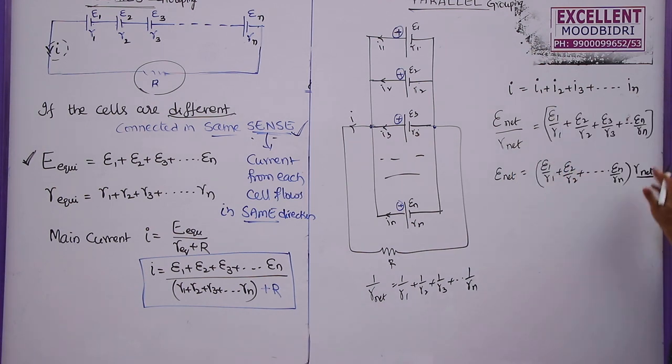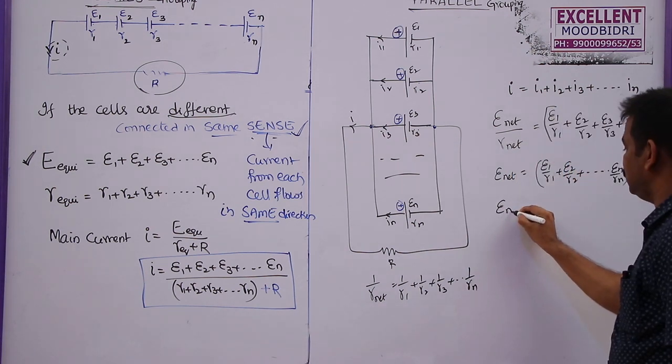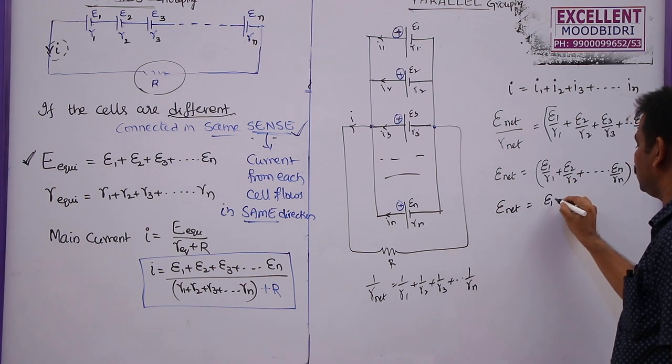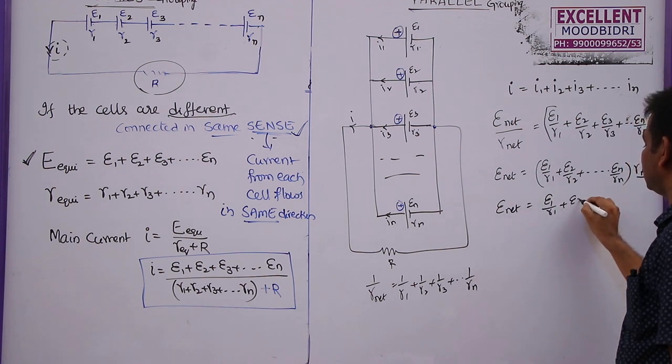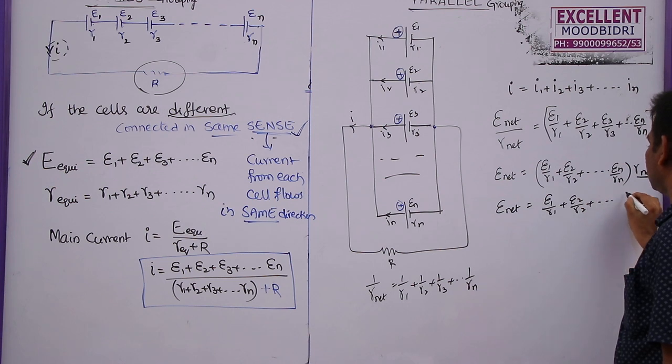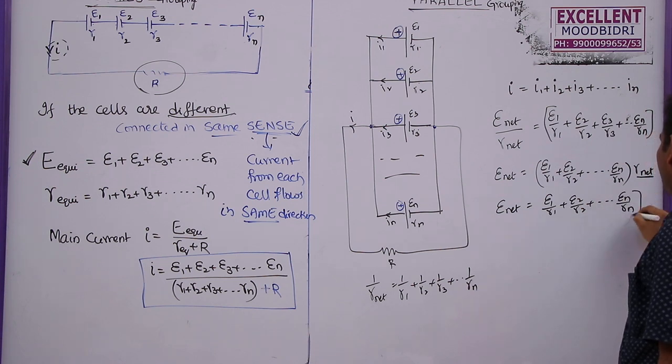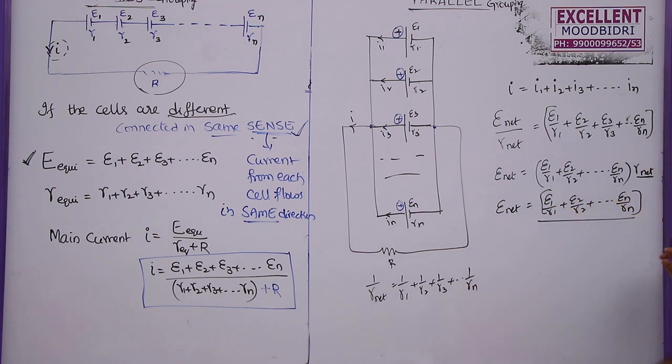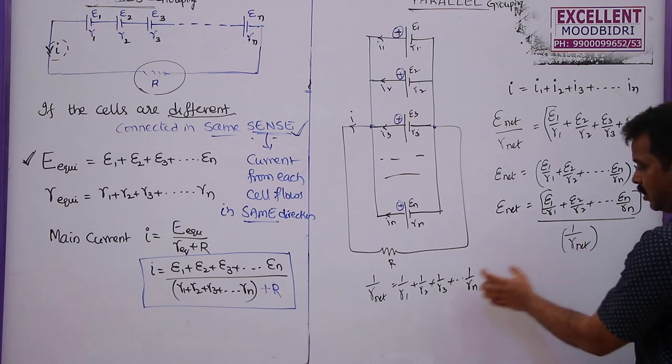This can also be written as E net, or E equivalent, equal to E1 by R1 plus E2 by R2 and so on, En by Rn, divided by 1 by R net, which I can substitute.